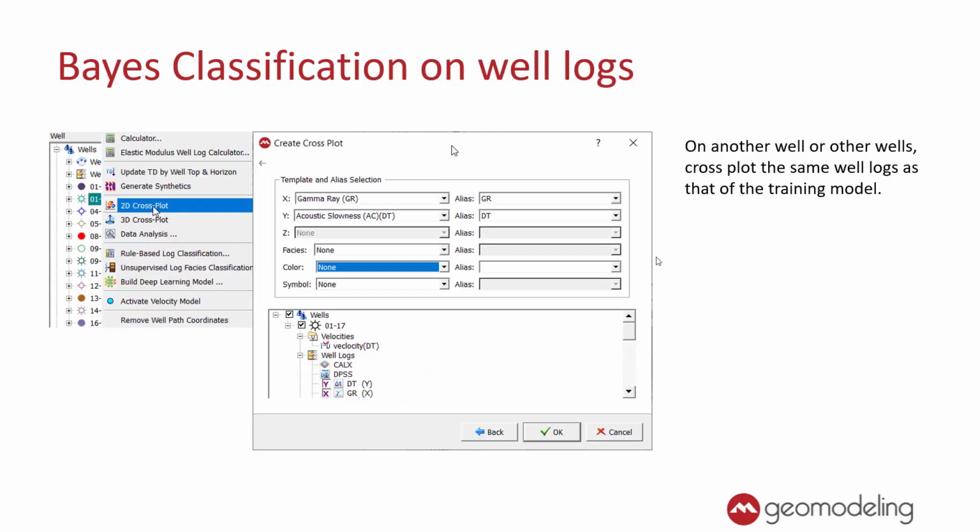And the second step is to make 2D crossplot on another well or other wells. So you crossplot the same well log as that of the training model. But here you only select the X and Y axis and don't select the facies axis.